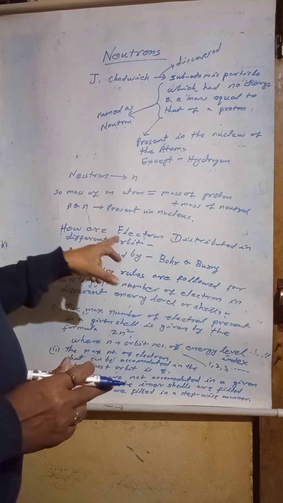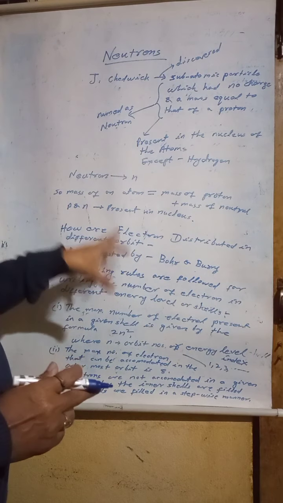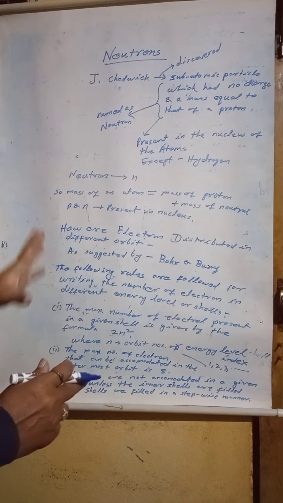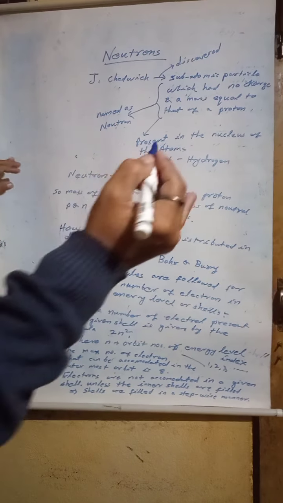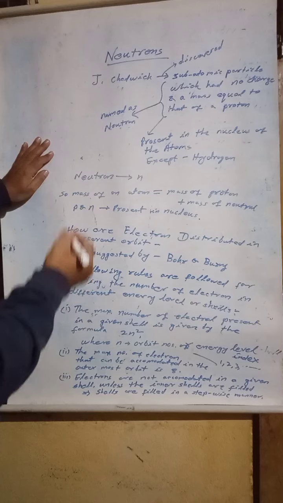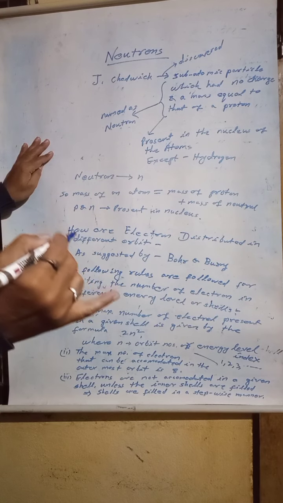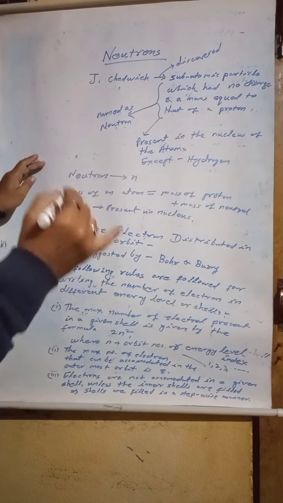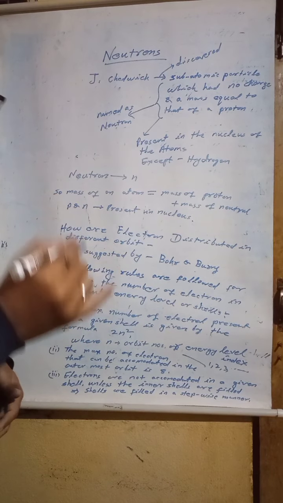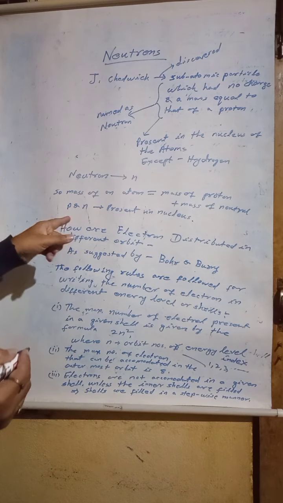How are electrons distributed in different orbits? Earlier you have seen that they are distributed in different orbits, K, L, M, N or 1, 2, 3, 4, different orbital shells, discrete orbits.